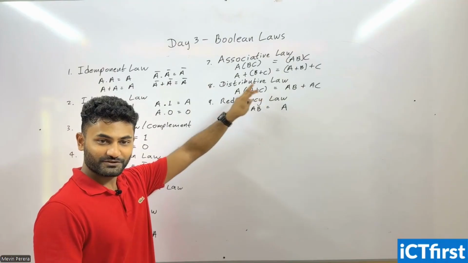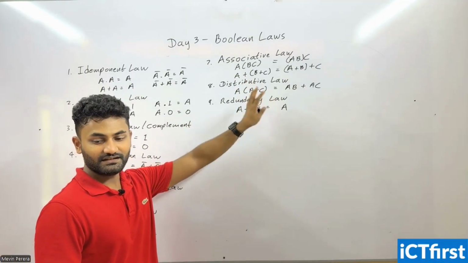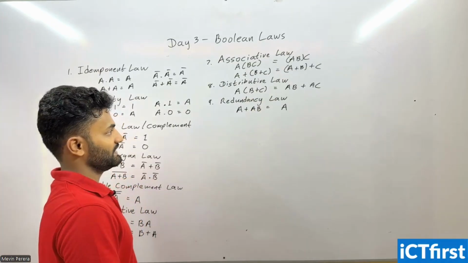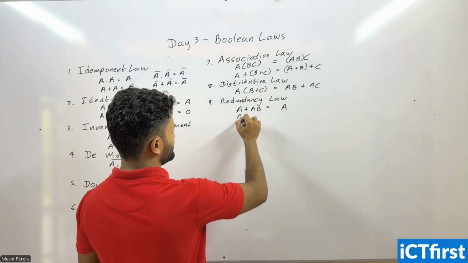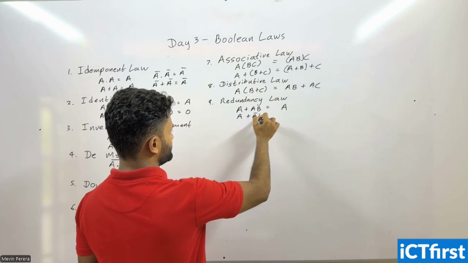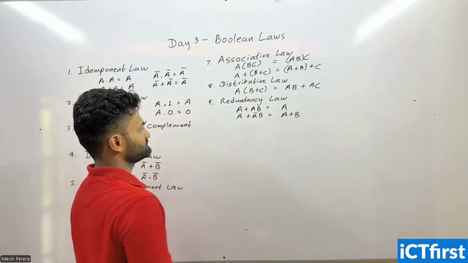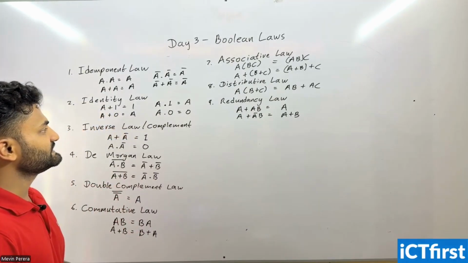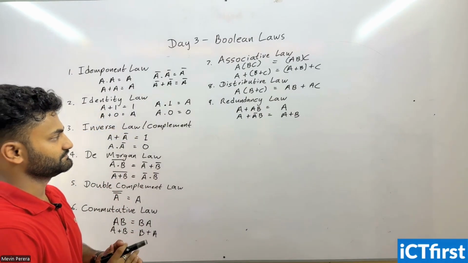You can also draw a truth table and check, and you will get the answer. Okay, then A plus A bar B is equal to A plus B, right? So these are all the laws which we have.